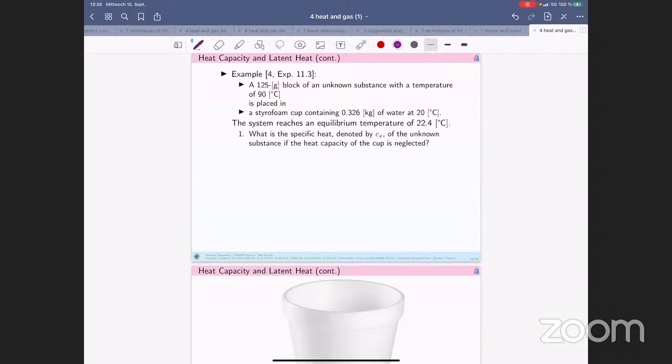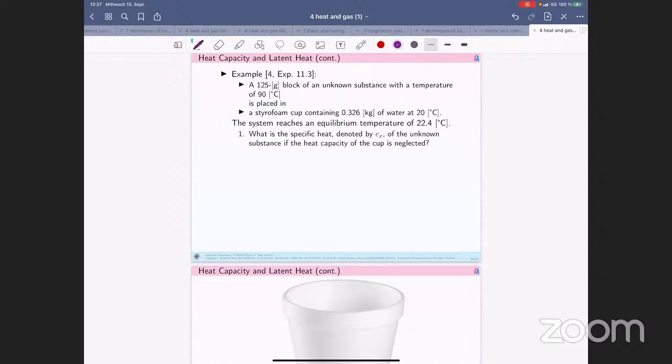The next type of problem is a situation where we mix several substances into a single holder, like a cup or any glass in a laboratory.